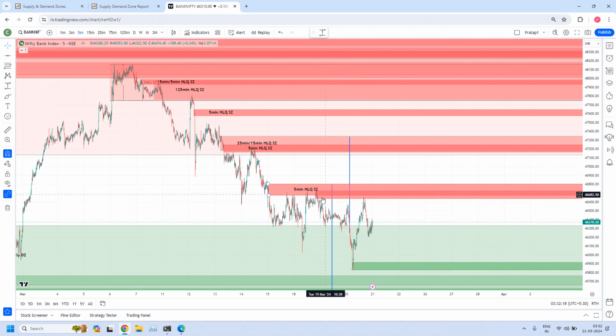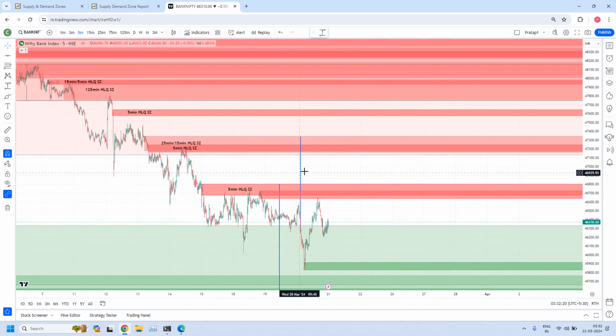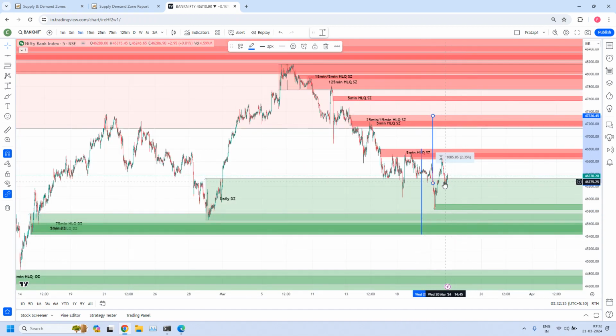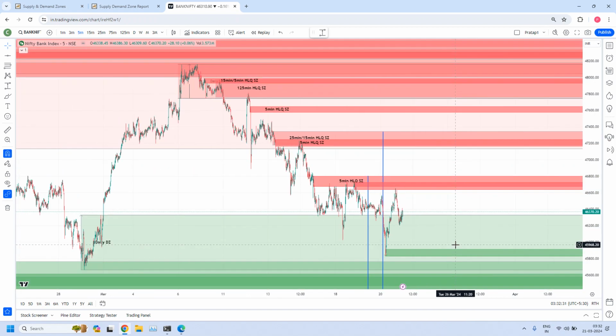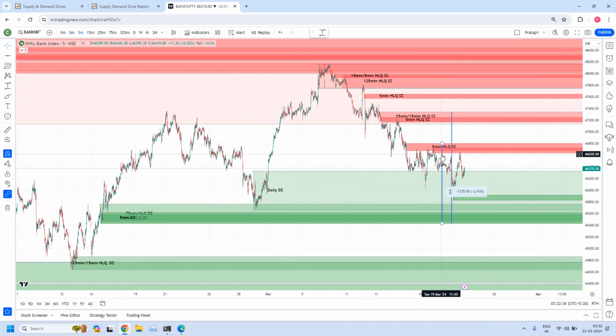And if this is violated for any reason, the next active zone is going to be from here to here. But tomorrow this is the range. In case tomorrow upside is violated, this will be the new range.